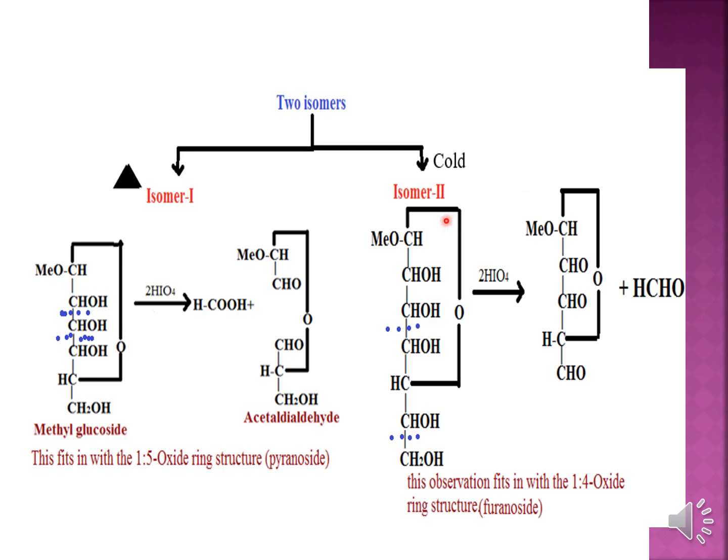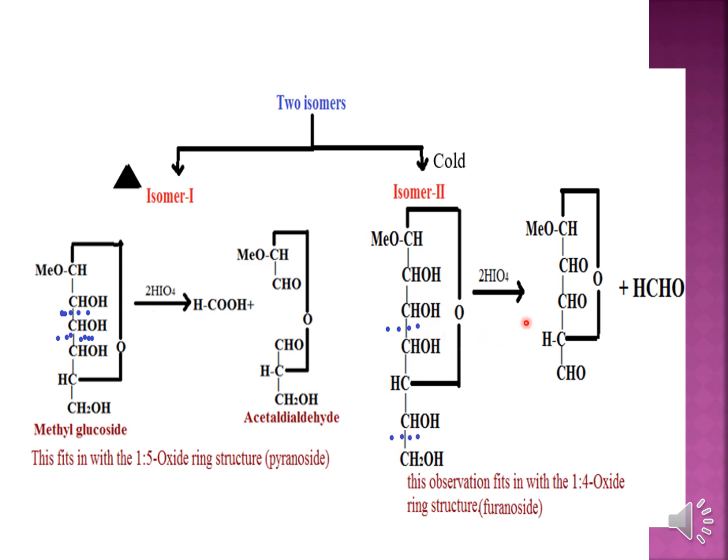And then the second isomer of your methyl glucoside. Here if you see, there is a breakage over here in this position and then over here. If you break it over here, this CH2OH is converted into HCHO and you are getting the aldehyde.